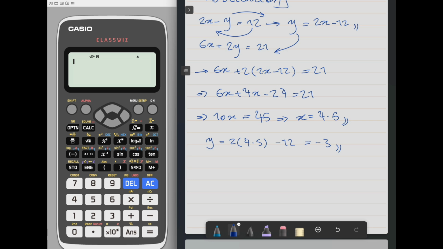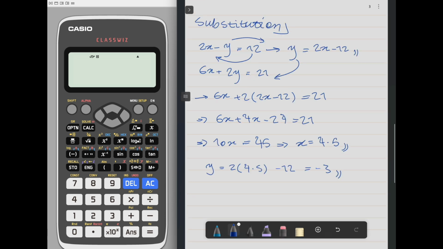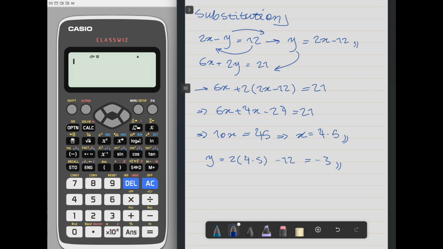And this is your answer. Again, if you want to check your answer, just substitute it into the second equation, or the equation that you haven't used for figuring out the values for x and y, however you may figure out yourself, which will be easier for you.